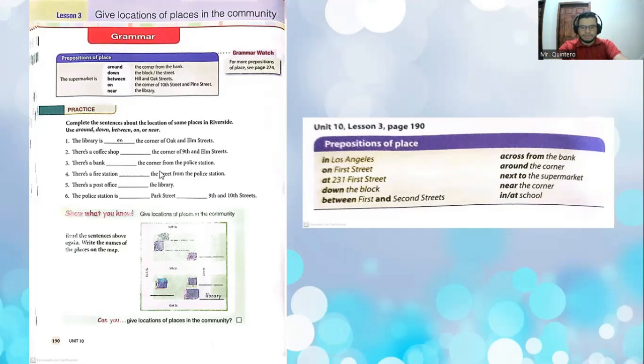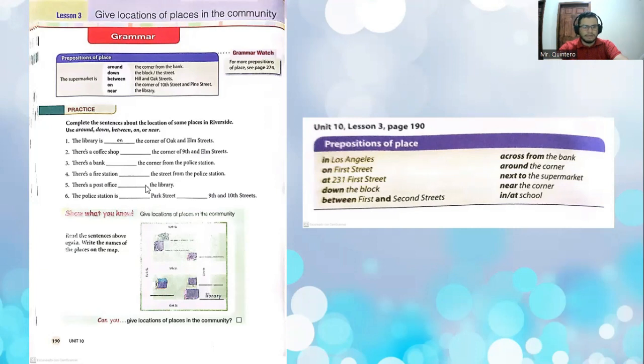The next one. The number 5, there's a post office. In which place? Guys, near the library. There's a post office near the library.